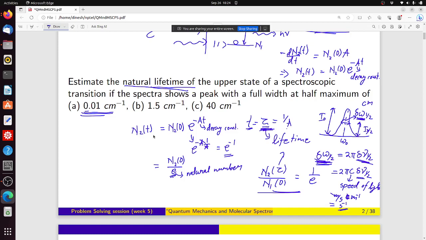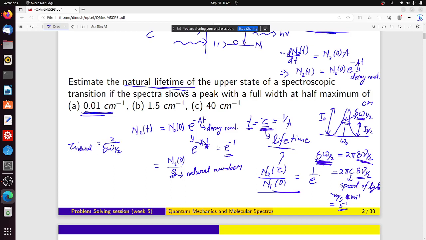Okay, so how does this line width depend on the lifetime? There is a formula for that. The natural lifetime will be equal to 2 by delta omega half.